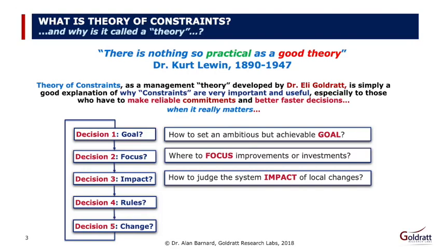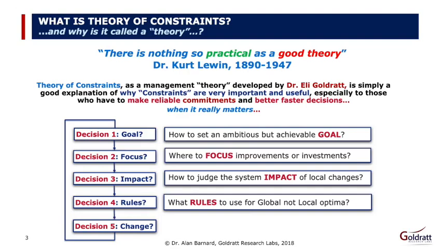So if I make a change in the system, all I need to do is to say, for example, if the constraint is the number of customers wanting to buy our product, will this local change impact the average selling price which these customers will pay? Or will it impact the quantity that they would buy? And from that, and understanding the marginal cost and investment impact, I can quite accurately quantify the impact of a local change on the system as a whole. But I need to know where the constraint is of the system.